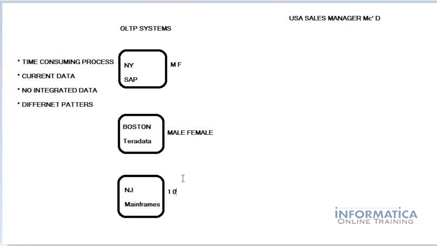So we have different standards being followed in different OLTP systems. But whenever you analyze the business, you need a homogeneous format in order to understand the business, right? So different patterns are present in the OLTP systems.